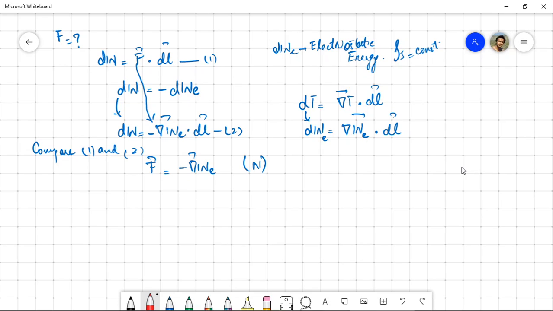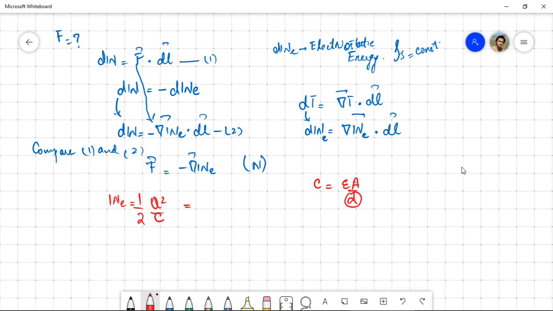Now to apply this for a parallel plate capacitor, this is a more generic form of this equation, and if we want to be specific about a parallel plate capacitor, then all we have to do is see what the value of electrostatic potential energy for a parallel plate capacitor was. That was 1 over 2 Q square over C. And we put the value of C, which for a parallel plate capacitor is epsilon A over d.